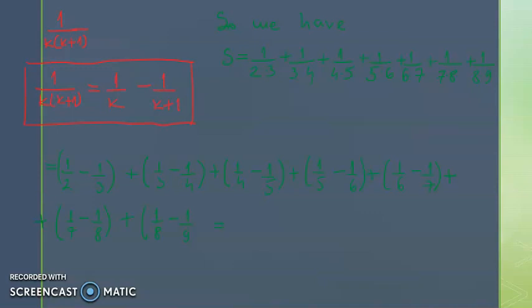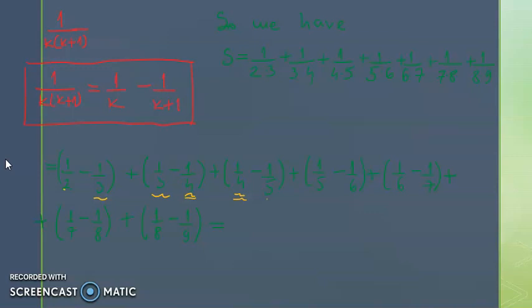Look at this. All of these terms will actually cancel out. Minus 1/3 plus 1/3. Minus 1/4 plus 1/4, etc. All of them will cancel out except the first and the last term.